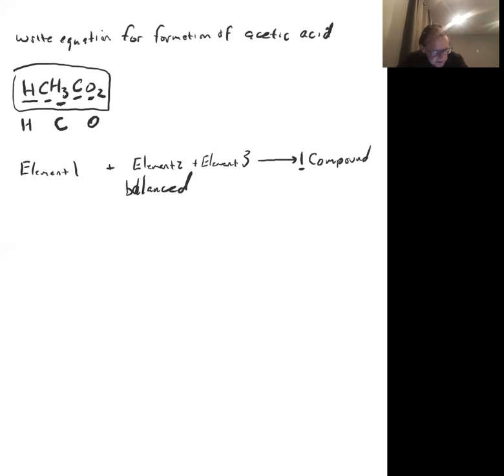The first element is hydrogen. But remember, hydrogen is one of the 7 elements that are diatomic. So I'm going to write the diatomic elements again. Those are the ones that are diatomics. When you have an element that is diatomic, you've got to write it as diatomic. So for H, we would put H2.